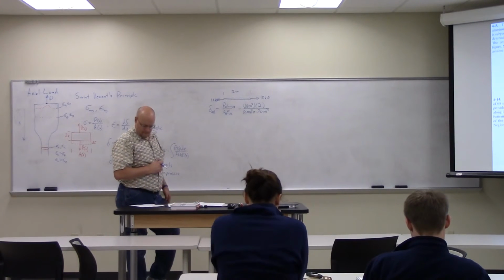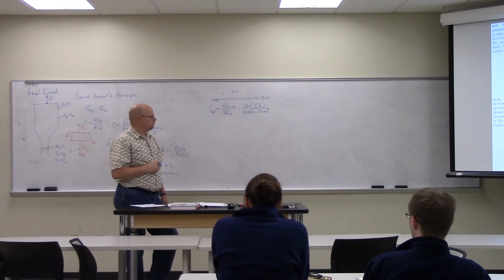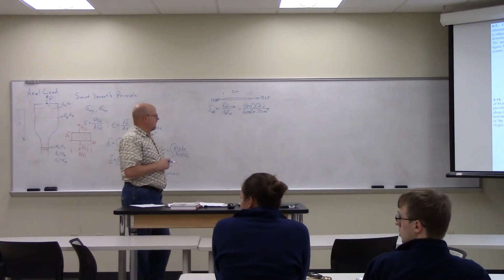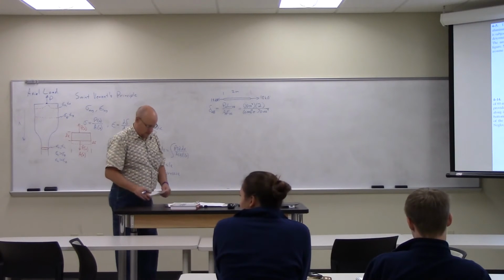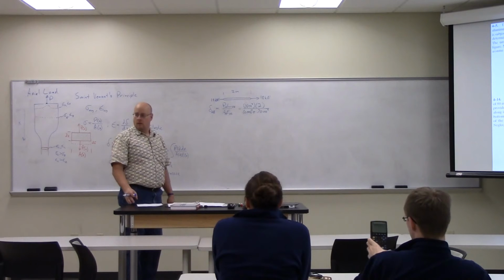I got 4.55 times 10 to the minus 6. Not buying that. I don't think that's right. I actually just got that too, for what it's worth. Oh, you know why you got that? Because you didn't do 18 times 10 to the third, you just did 18. That's what I did.